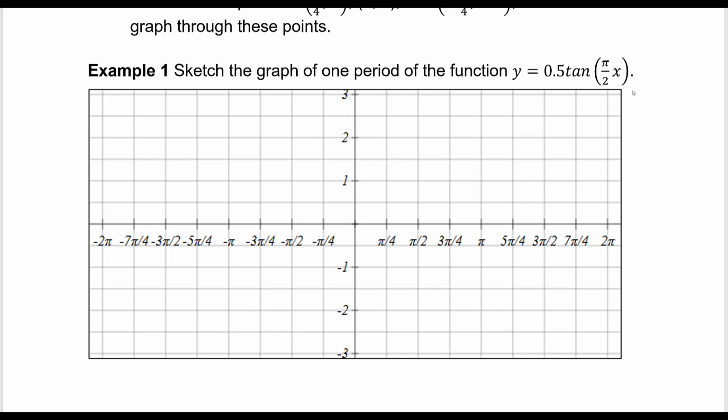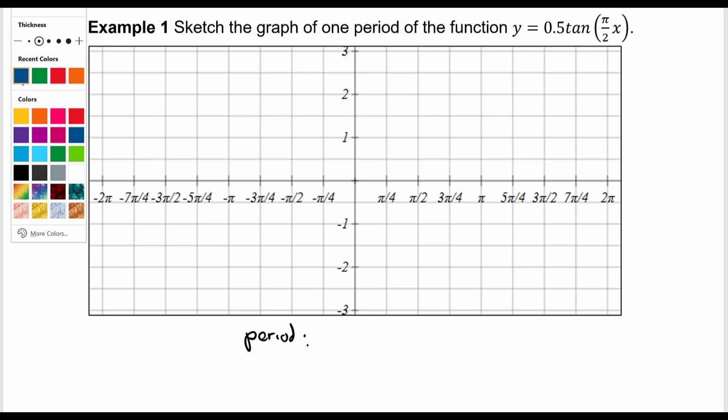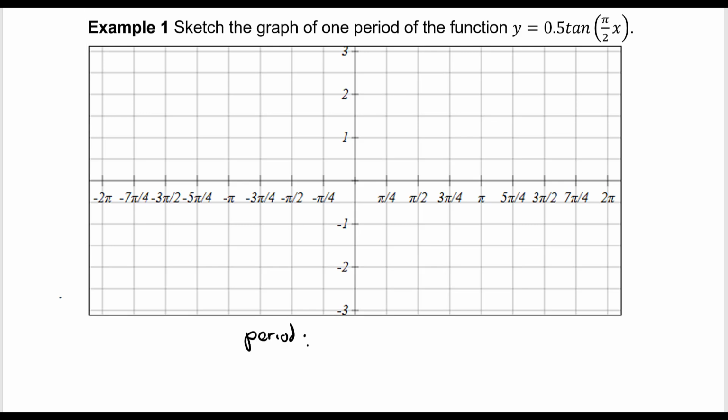So let's look at a couple things. The period is going to be pi over the absolute value of b, so pi over pi over 2, which is just 2. So that's our period, and we cut that in half. Maybe I should just get rid of all these values like I did in the other graphs, and we'll scale it the way we want.